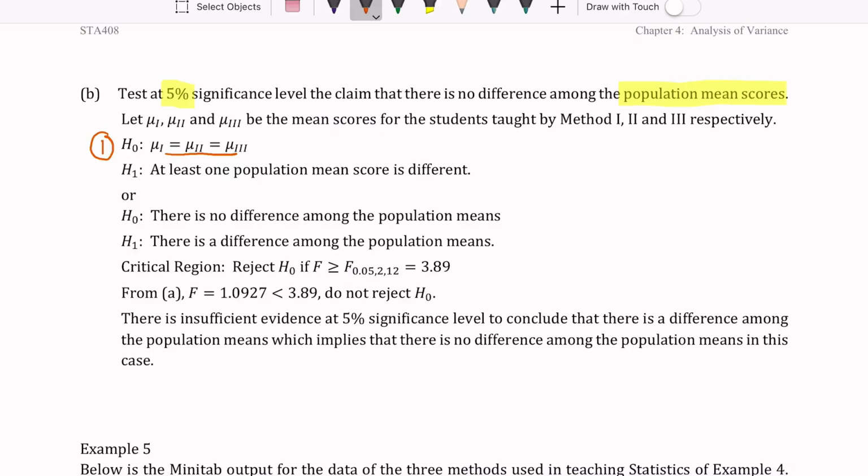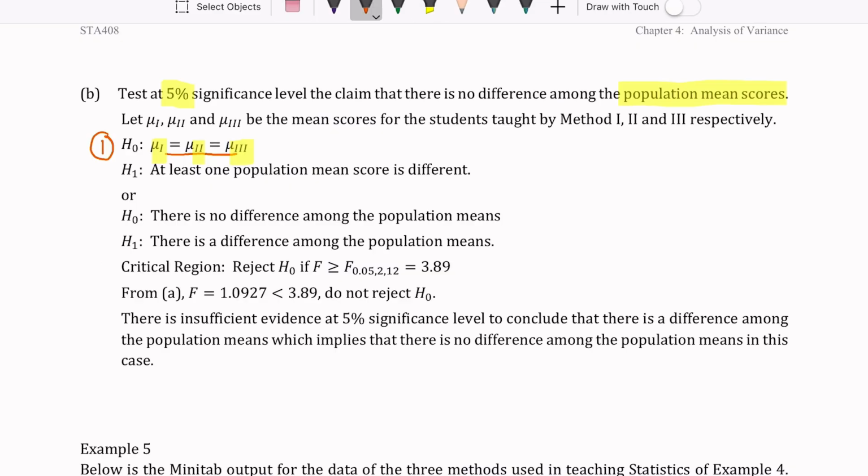We have 3 methods, method 1, method 2, and method 3. Therefore, we have population mean 1 equal to population mean 2 equal to population mean 3. And the alternative hypothesis, at least one population mean is different. Or you can write in words the null hypothesis, there is no difference among the population means, and the alternative hypothesis, there is a difference among the population means.